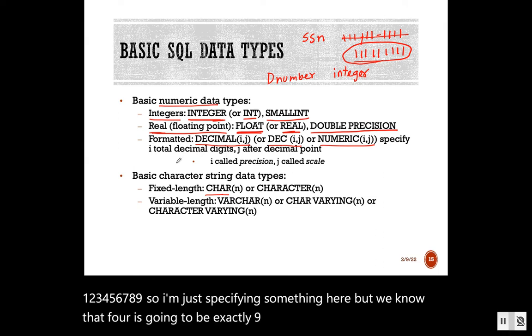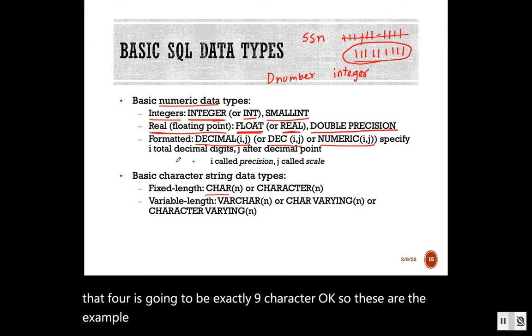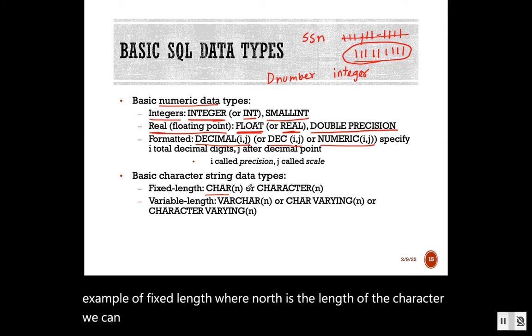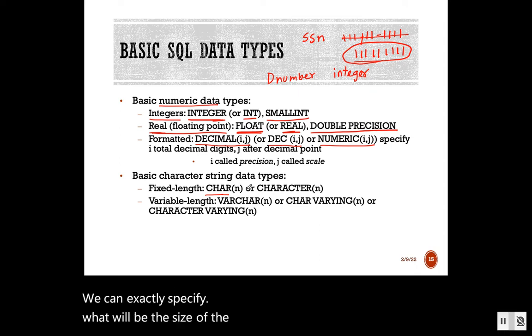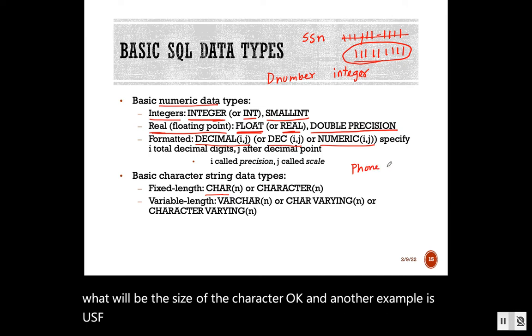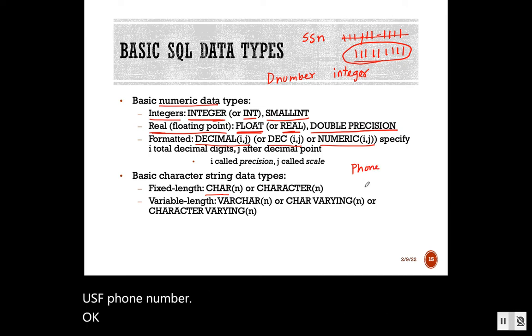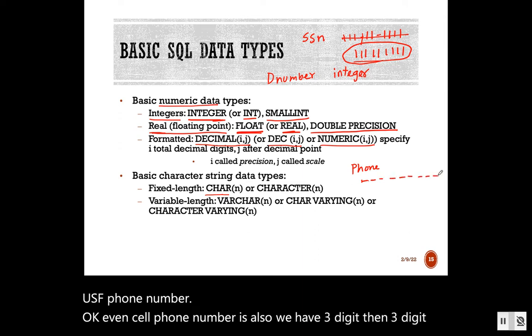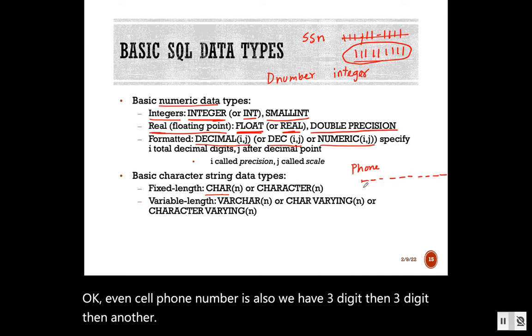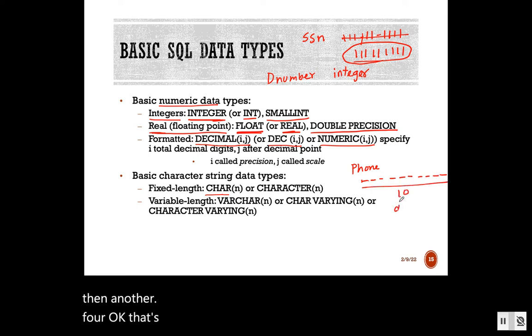So these are examples of fixed length, where n is the length of the character, so we can exactly specify the size. Another example is a USA phone number: 3 digits, then 3 digits, then another 4, exactly 10 digits.